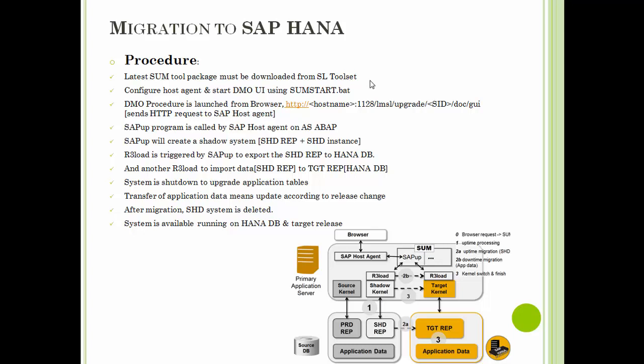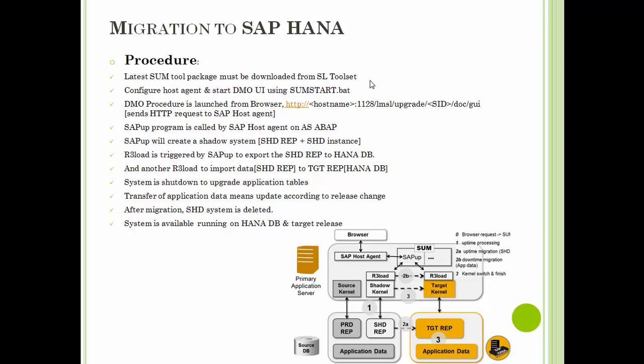And the source system is still running, which is based on the existing kernel executables running. So it is comprised of an instance, as we know, which has the work processes running on the application server and is based on the source release.